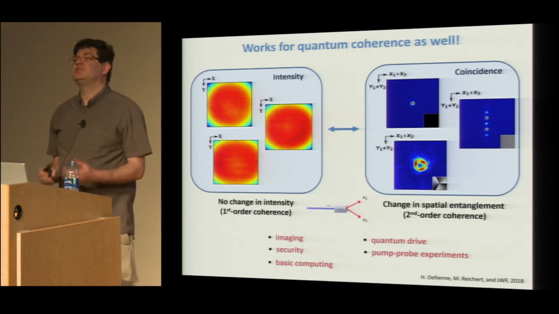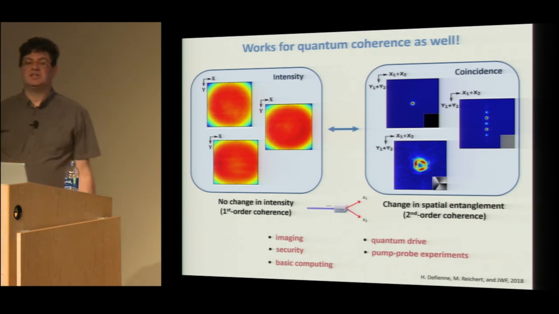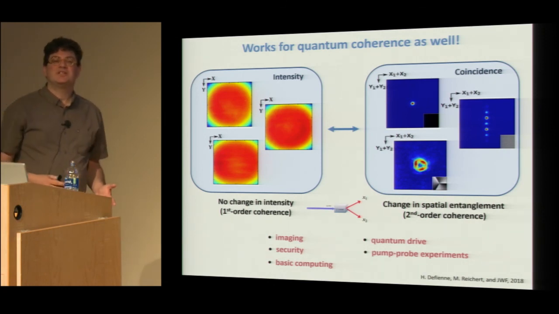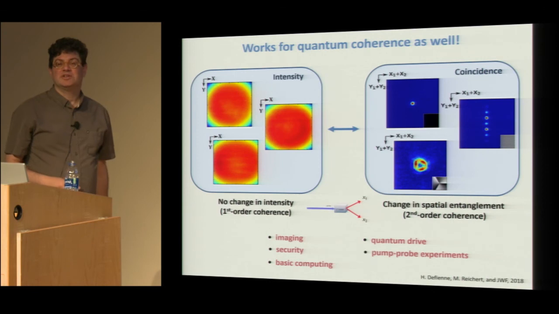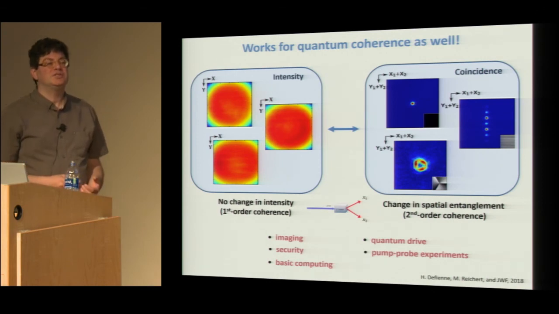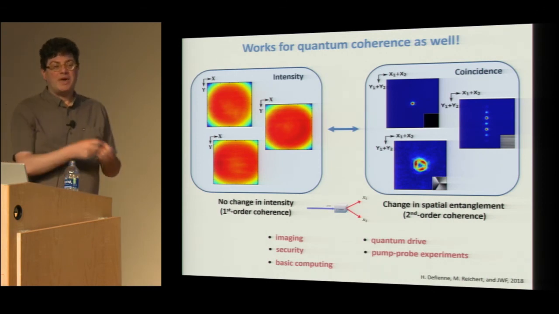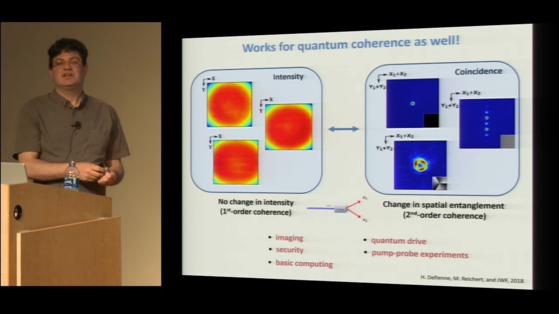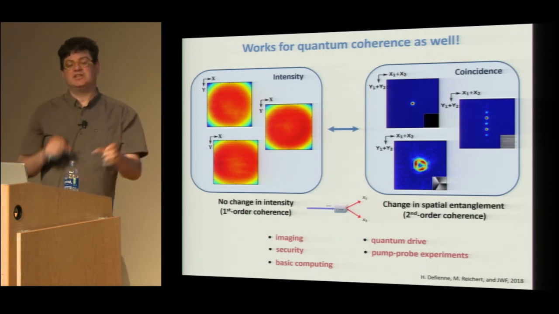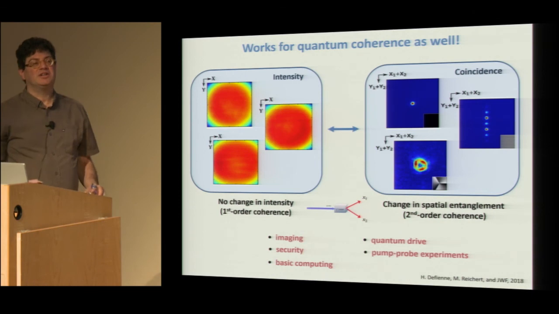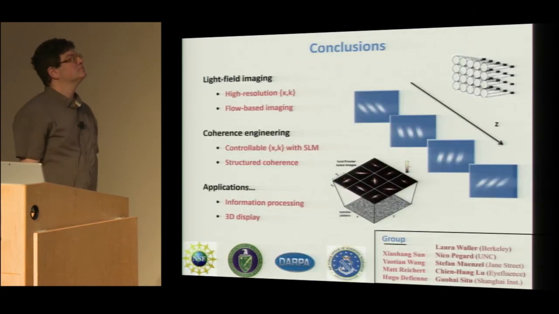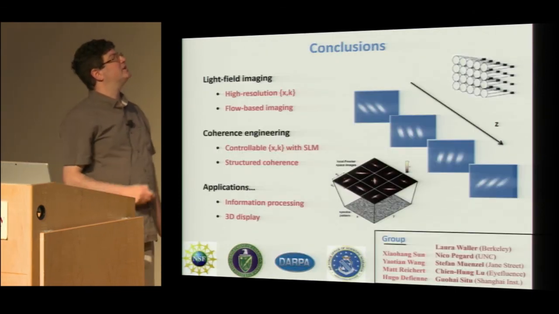And now here's where you start leveraging actual quantum security, or you're really doing information processing because I'm manipulating the wavefront. There's a host of reasons you want to do that, including to power and observe quantum devices, because I can now place photons in individual positions with targeted coherence. And that's really the take-home message.